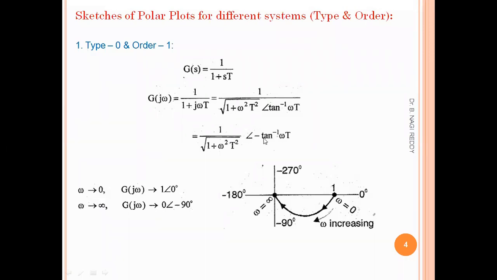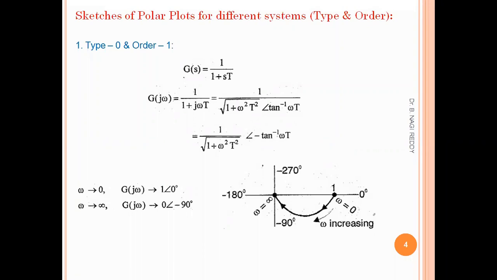Now check the angle. Minus tan inverse of infinity. So when will we get tan inverse infinity? At 90 degree. Because tan is nothing but sine by cos, right? At 90 degrees, cos will have 0 value. So sine by cos means 1 by 0. 1 by 0 is nothing but infinity, which is at 90 degrees.